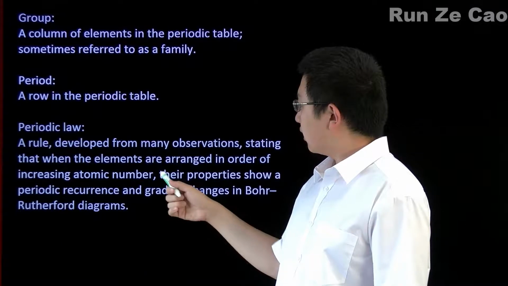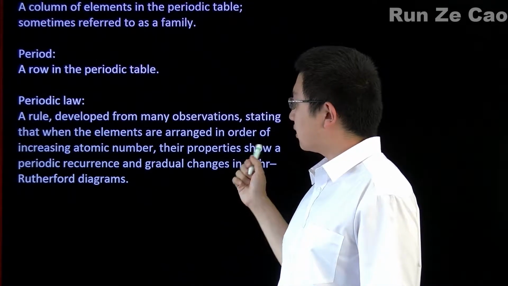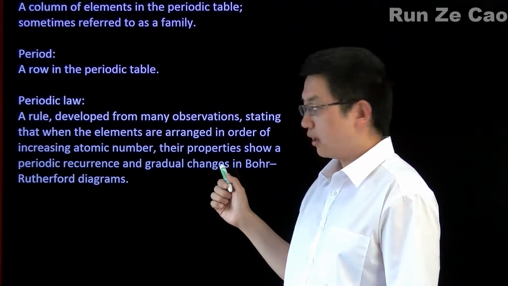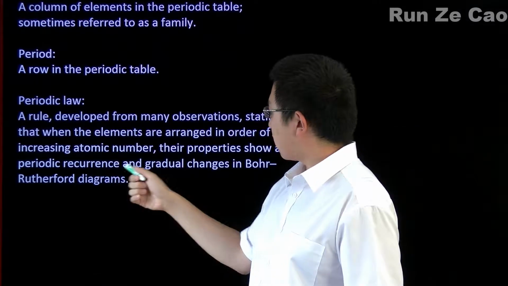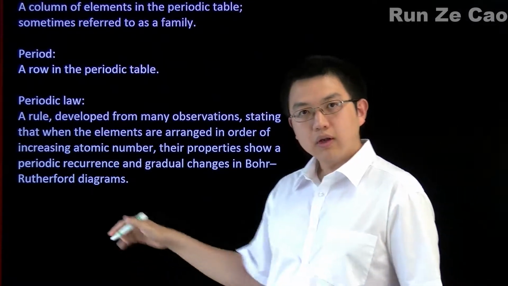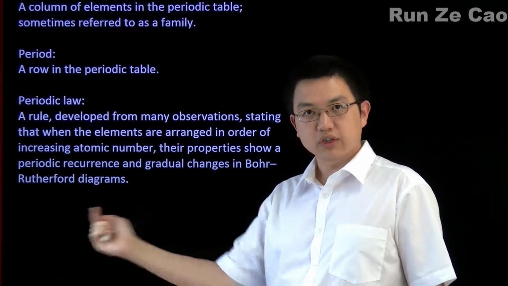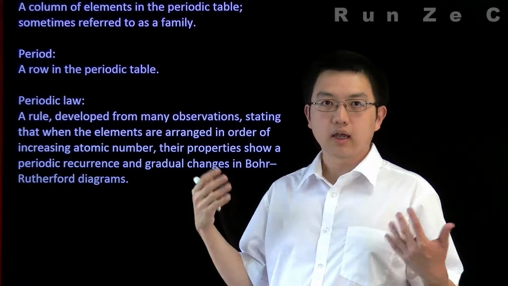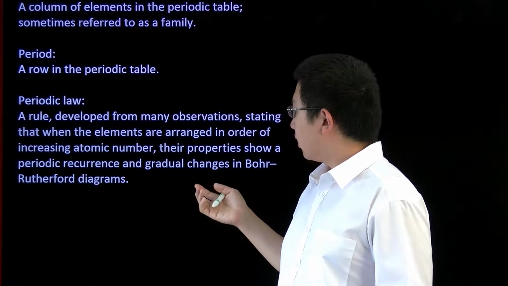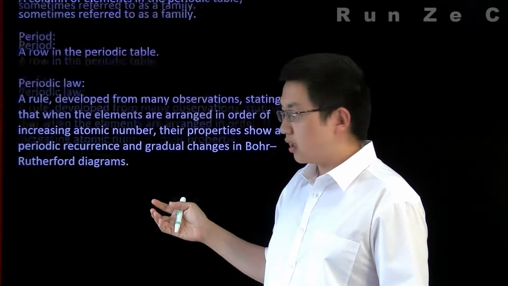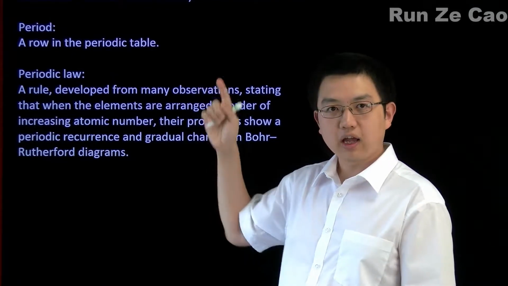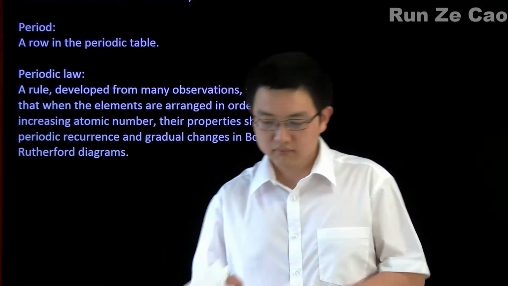The periodic law is a rule developed from many observations stating that when you arrange these elements in order of increasing atomic number, their properties will repeat eventually in a certain pattern. Now, there are several alternate depictions other than Mendeleev's periodic table, which we already looked at.